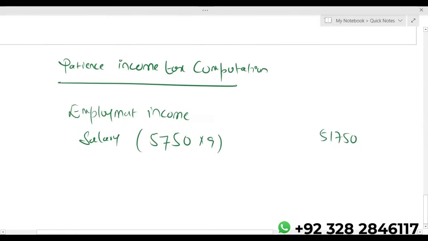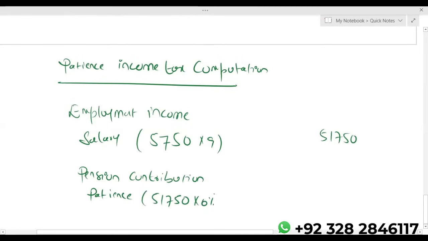When an employee contributes to an occupational pension plan, it reduces the employee's employment income, and an employer contribution is an exempt benefit. So the pension contribution by Patience is 6% of the salary. If you take 6% of 51,750, I'm getting 3,105.